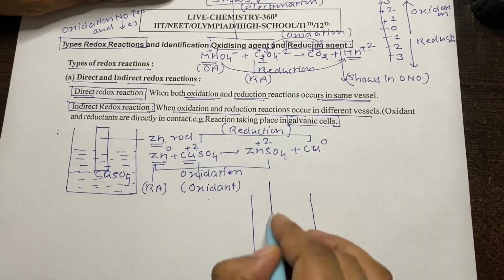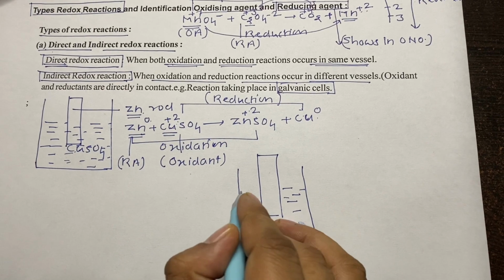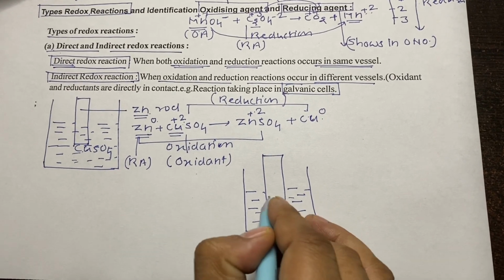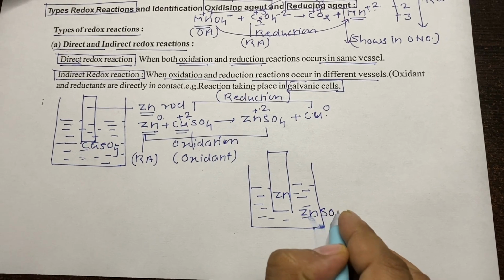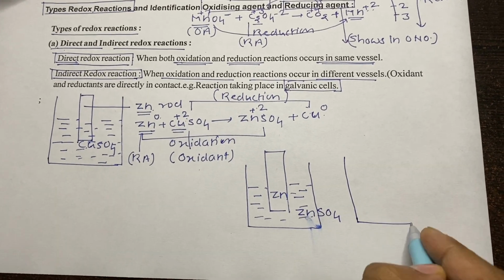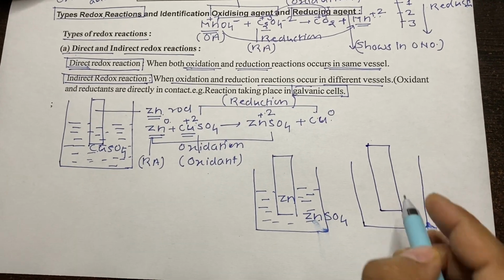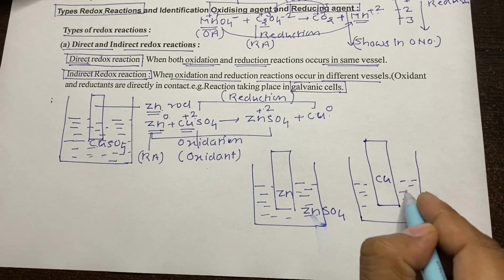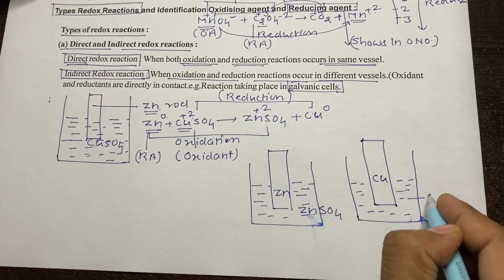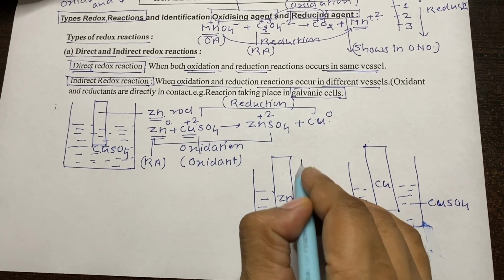Suppose this is ZnSO4 solution and the zinc rod is in contact with it, and in a separate vessel, a copper rod is in contact with copper sulfate solution.